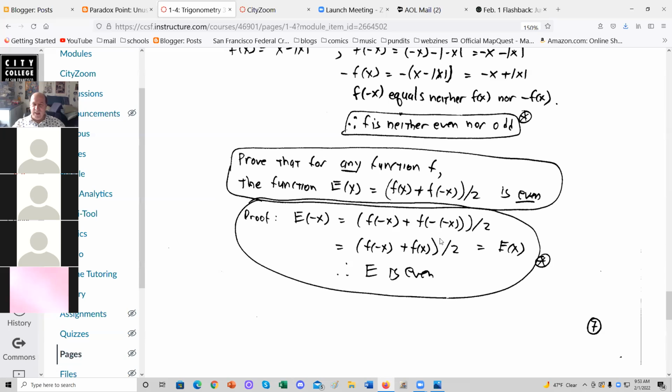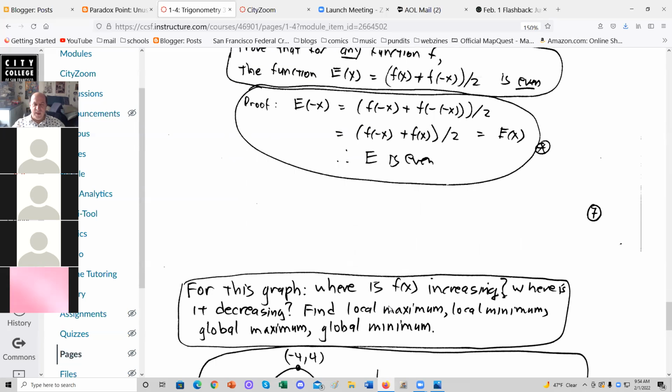Here the minuses cancel. You get f of negative x plus f of x over 2. But this is, up to commutativity of addition, the same as this. So therefore, e of negative x is e of x. So e is an even function. Its graph is symmetrical around the y-axis.